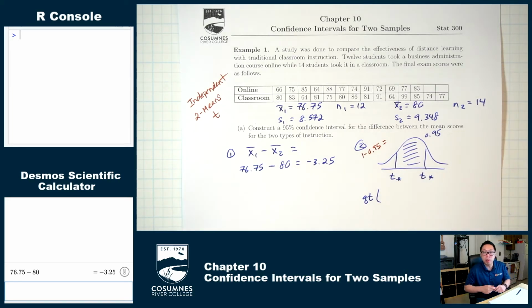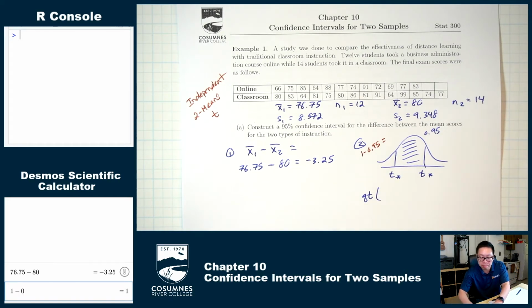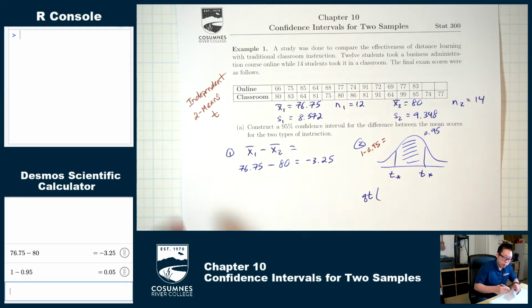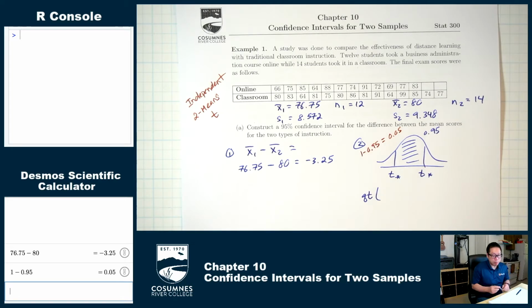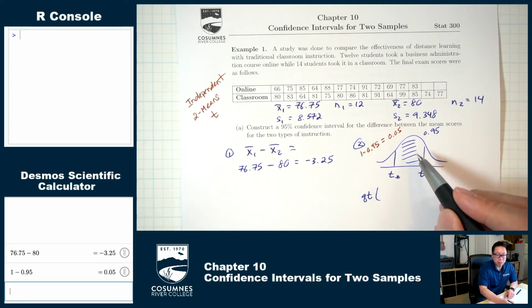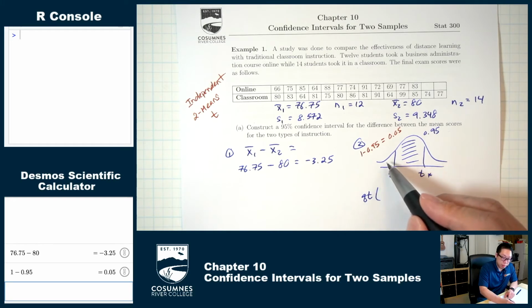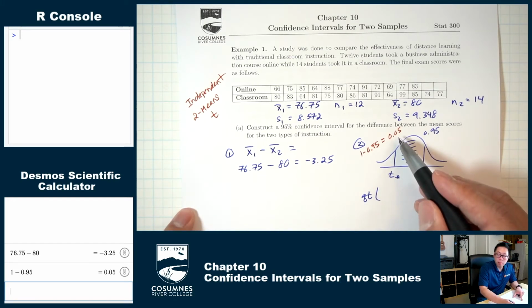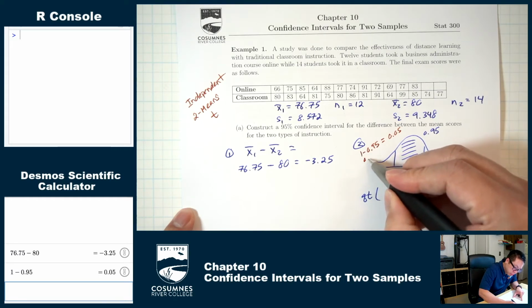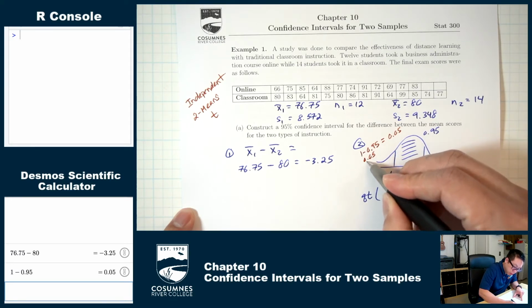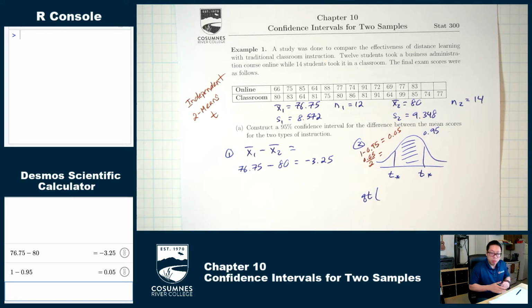Okay, 1 minus 0.95 is 0.05. Anytime you do 1 minus on a shaded area, you get the unshaded one. So that's the left and right together. I just want the left. To get just the left, divide that by 2. So 0.05 divided by 2 is 0.025.